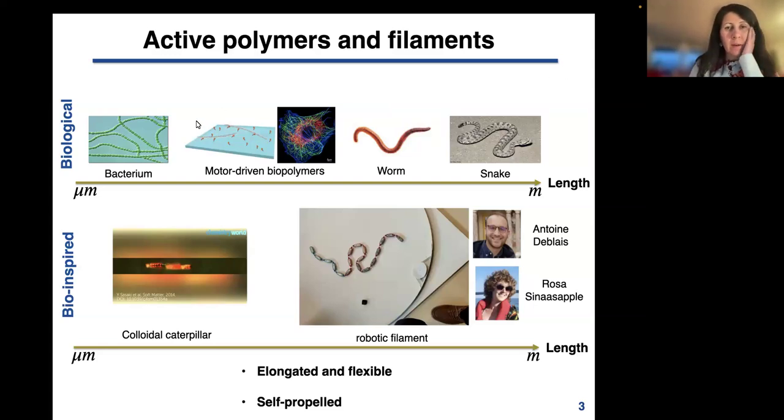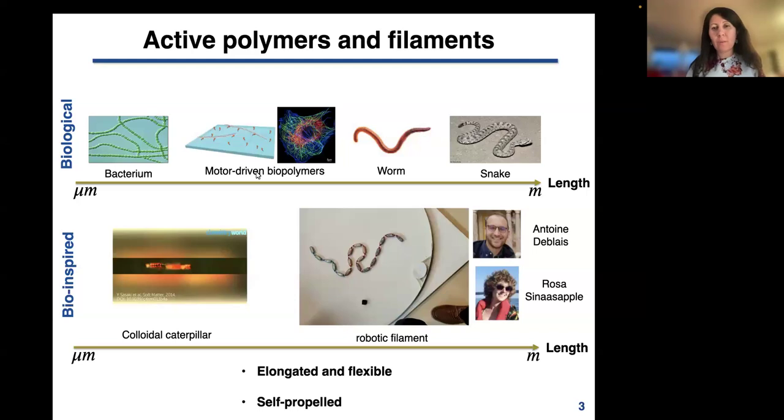So what do we mean by active polymers and filaments? If you look at nature in biological systems, you find a variety of systems which are filament-like. They are elongated. They also can bend and curve. You can find them at different length scales, from micrometer in bacteria to motor-driven biopolymers like actin and microtubules in the cell cytoskeleton.